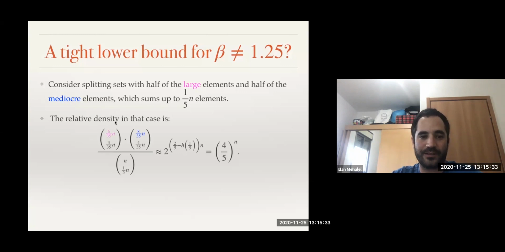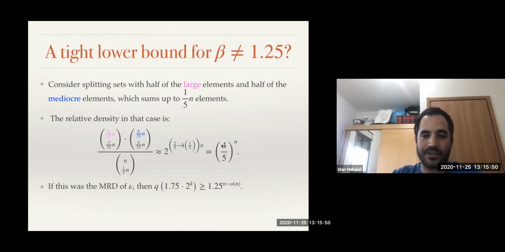So the relative density will be taking half from the large elements and half from the mediocre elements, dividing it by all subsets of size 1/5 n, and we get roughly this expression, which is indeed 4/5 to the n, exactly as we got before. So if this really was the MRD of the distribution nu we constructed, then it would imply that Q for n of this form is really at least 1.25 to the n.